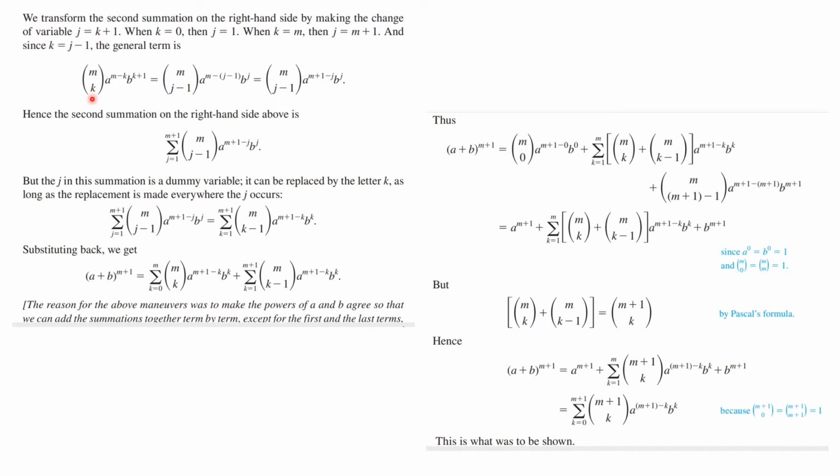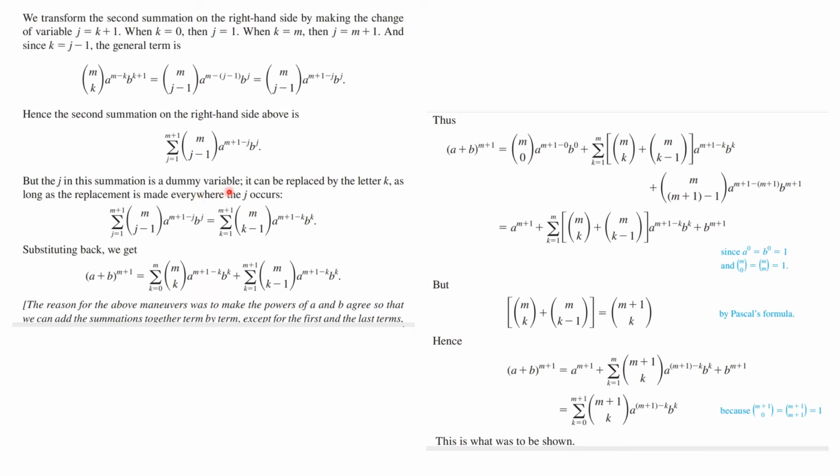So that means that m choose k is m choose j minus 1 times this, which is this. When we simplify, we're distributing the minus sign across, making that a to the m plus 1 minus j, b to the j. So the second summation on the right-hand side becomes this.